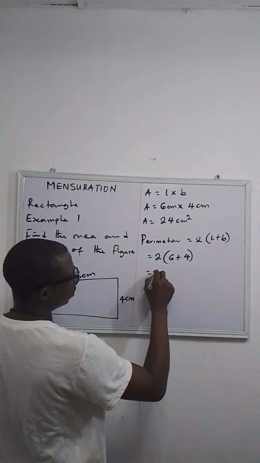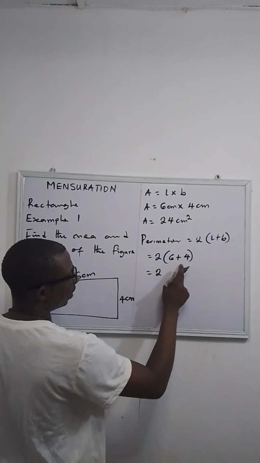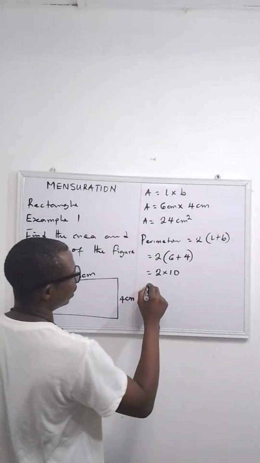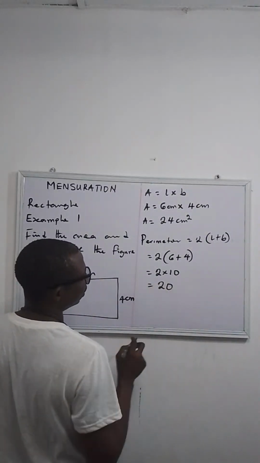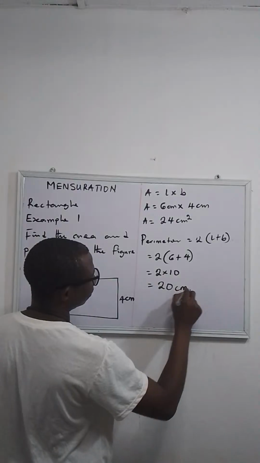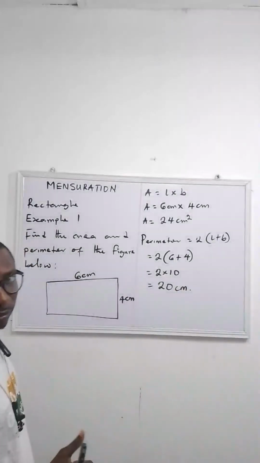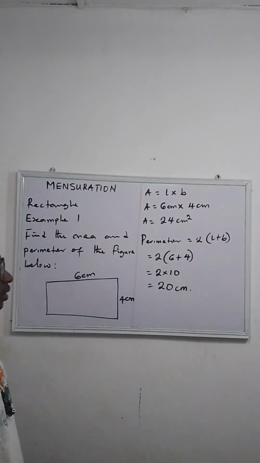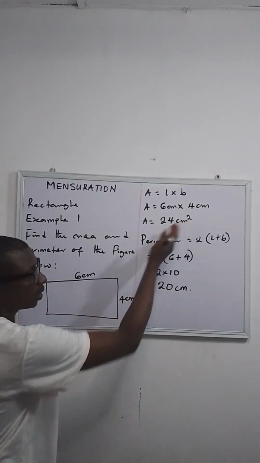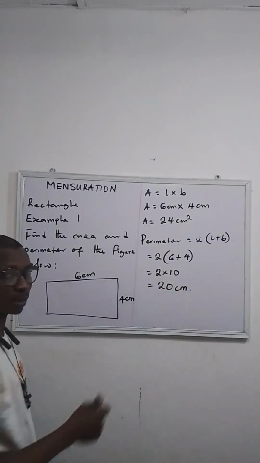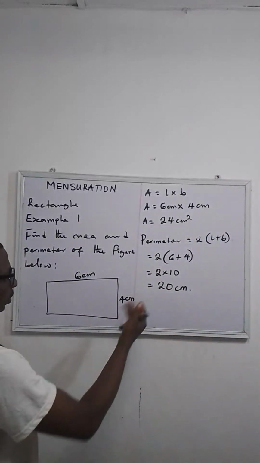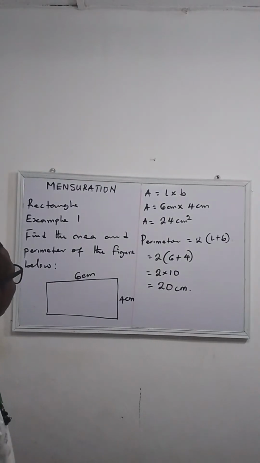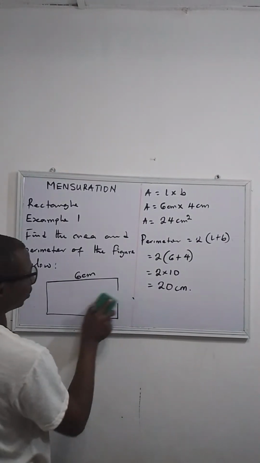So that's going to give you 2 times, now what we have here is 10, and you have 20 centimeter. Don't forget, unit is very, very important. Don't just write 20, write 20 centimeters. So area is always in unit square, while perimeter is always in just units. Okay, so this is the answer to that problem. All right, now let's move down to the second example.